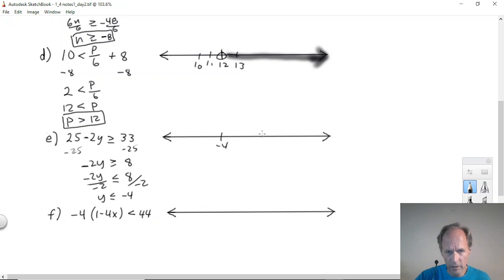This time, well, you could also just put 0 sometimes, or other numbers. It doesn't really matter. Just so you have the ones you need. Let's say 0's right there. And then less than or equal means we color that in. And shade to the left. Okay, y is less than or equal to negative 4.